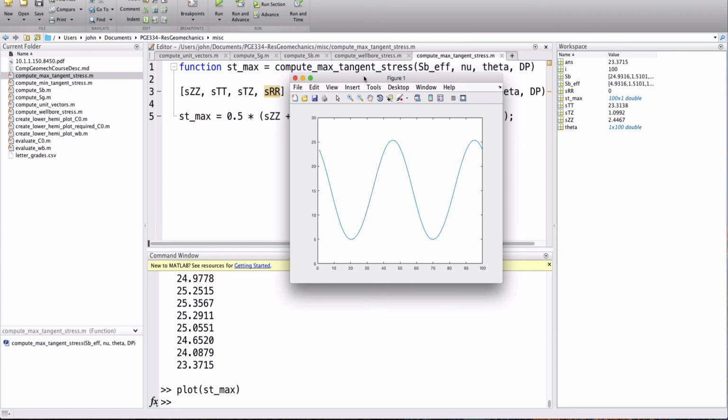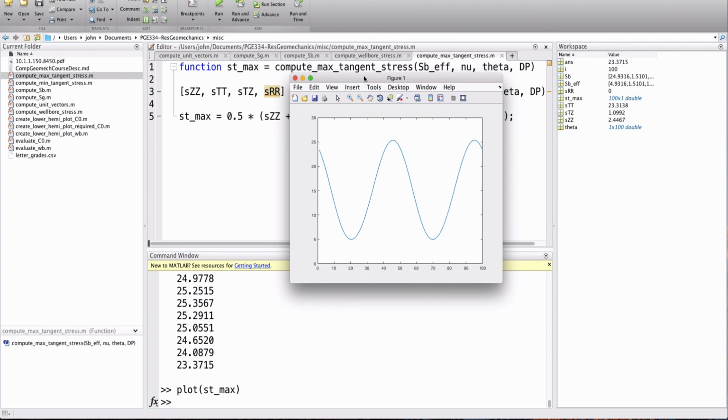And one thing you notice is that it's not necessarily a maximum or a minimum at 0 or 100 degrees, but that's because it's oriented in an arbitrary way. And if we were to change the angles, then it would. It's always going to oscillate like that, but it would shift where the maximum and minimums are, right? So obviously the maximum is right here, somewhere around like 40-something degrees.